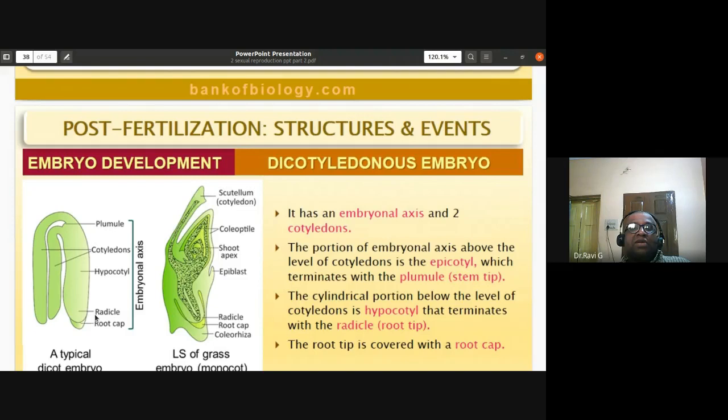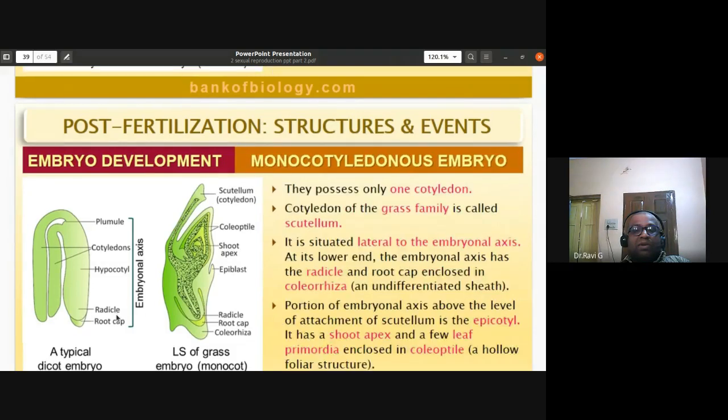The portion of the embryonal axis above the level of cotyledons is the epicotyl, which terminates with the plumule. The cylindrical portion below the level of cotyledons is the hypocotyl, and the hypocotyl terminates with the radicle or root tip. The root tip is covered by the root cap.